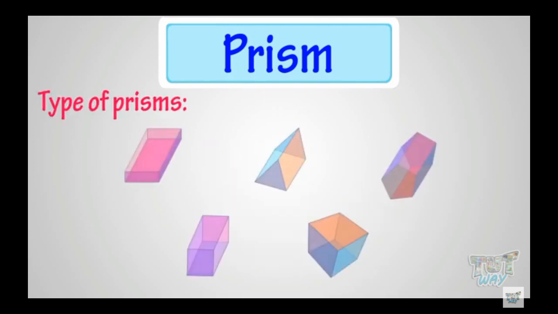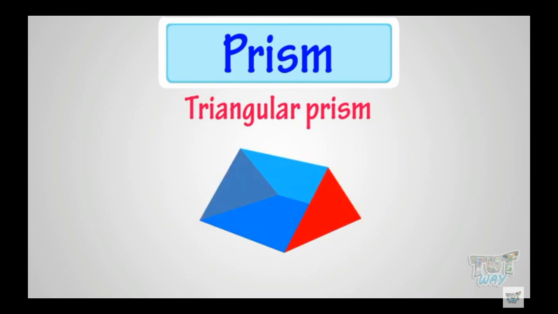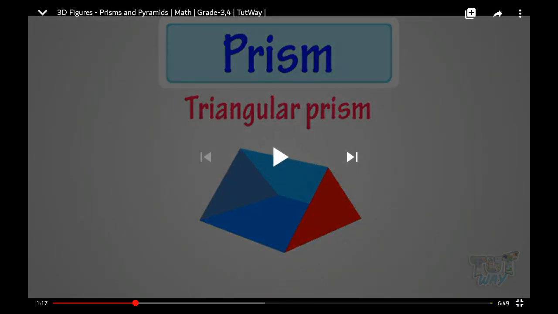There are many types of prisms depending upon the shape of its top and bottom faces or its cross section. Let's see. First one is the triangular prism. So we name the prism according to its base faces.